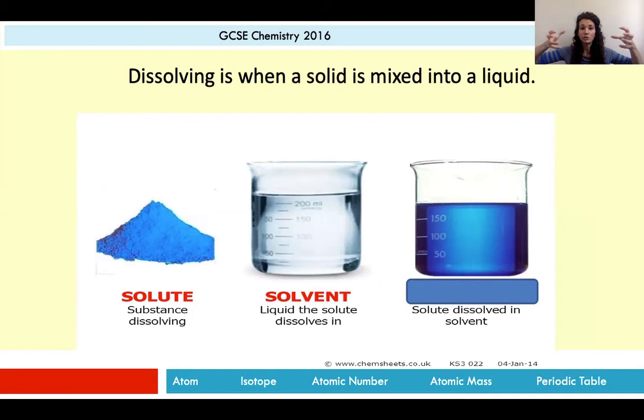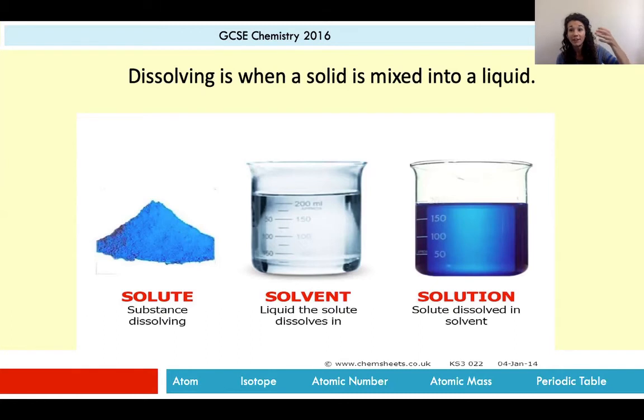Salt is my solute, water is my solvent. And what you get when you mix them both together and stir is a solution. All right, so that's when the solute has dissolved in the solvent, you have a solution. So my solution would be salty water or salt water. Okay, they're tricky words to get your head around, but they're very important to know the meaning of.